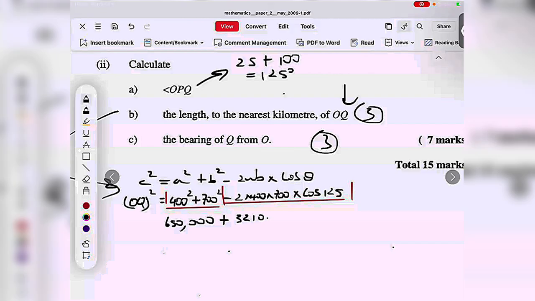So you say 2 times 400 times 700. My brain must now work. Oh, it's 560,000.